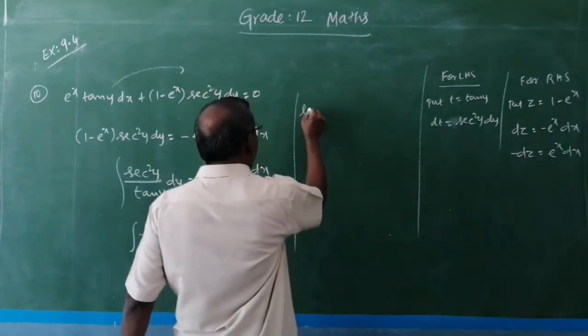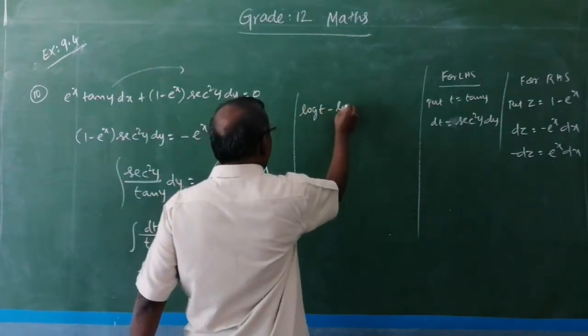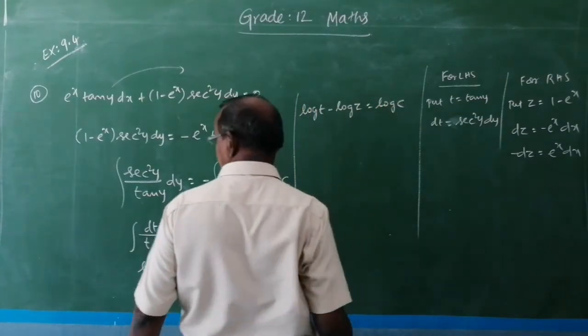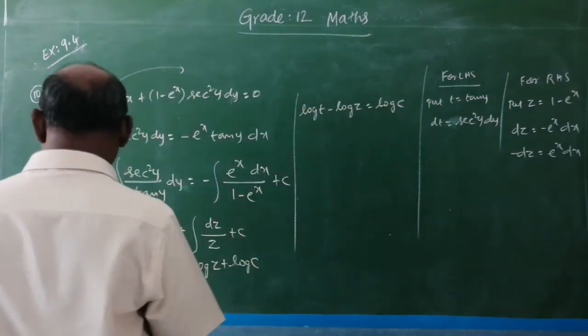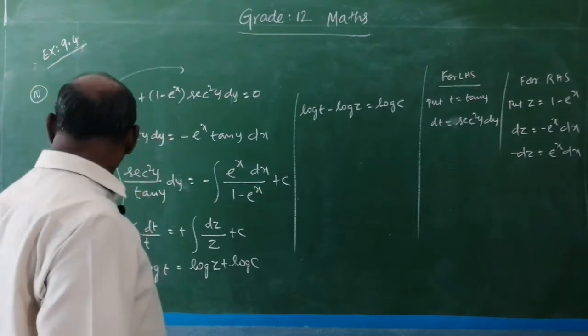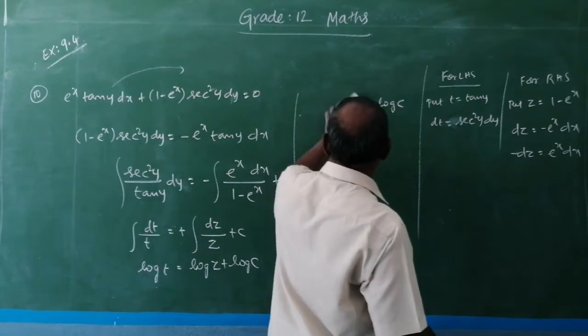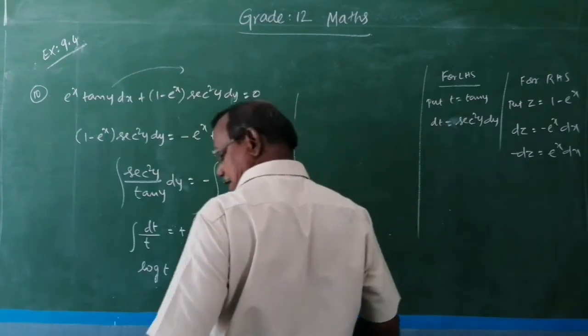Now log t minus log z equal to log c. For the book answer we can keep this here itself.